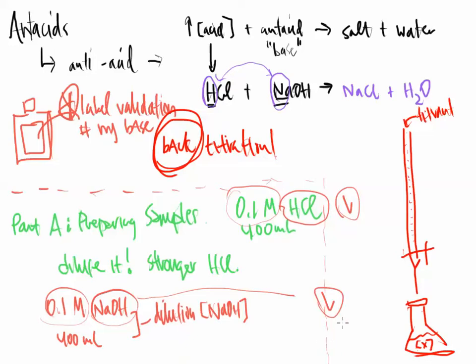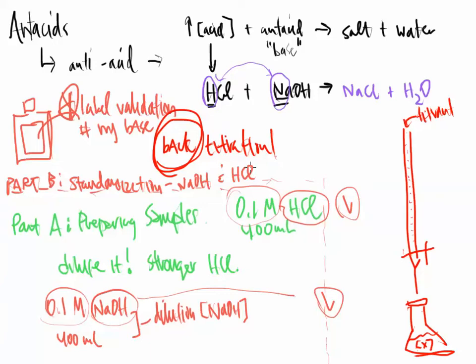Now Part B is going to be titled Standardization. And they are standardizing the NaOH solution that we have made for you, and they're also going to standardize the hydrochloric acid solution that we have made for you as well.